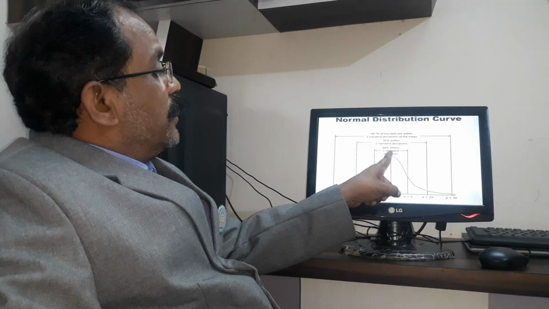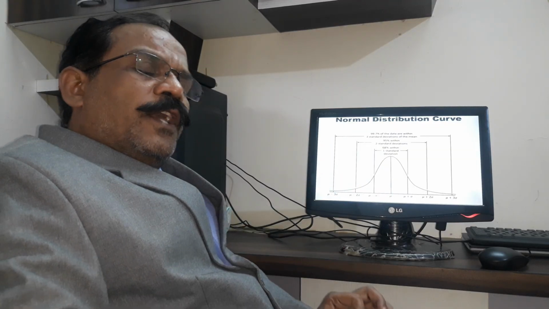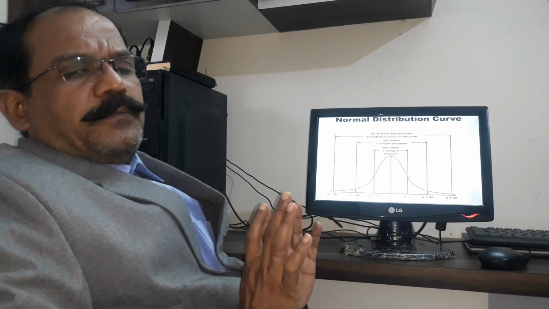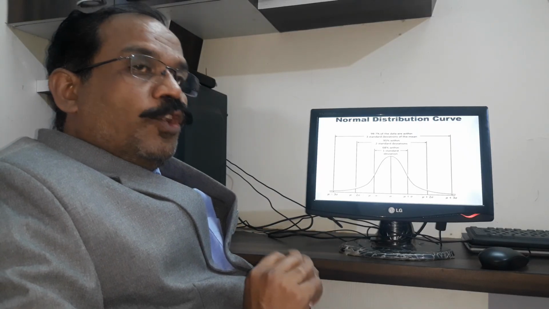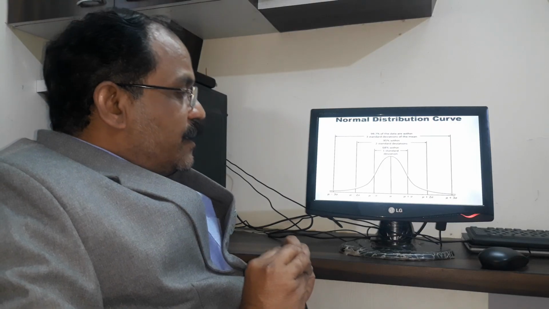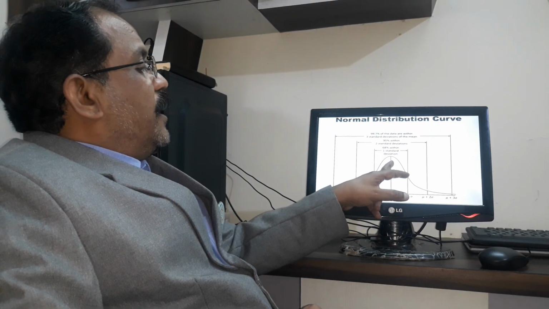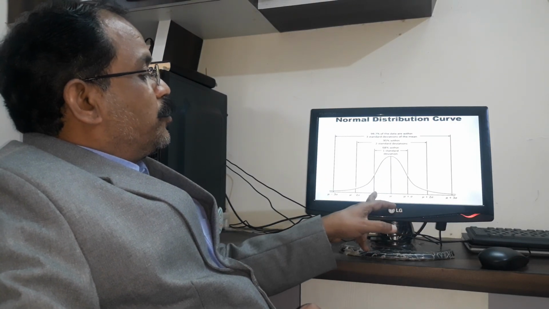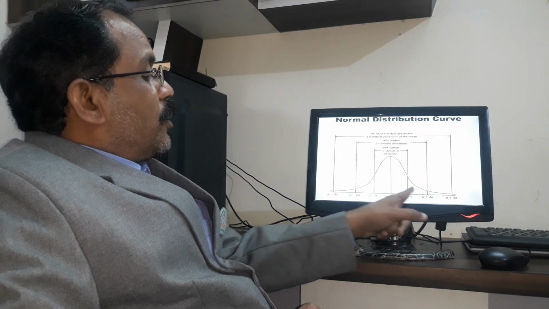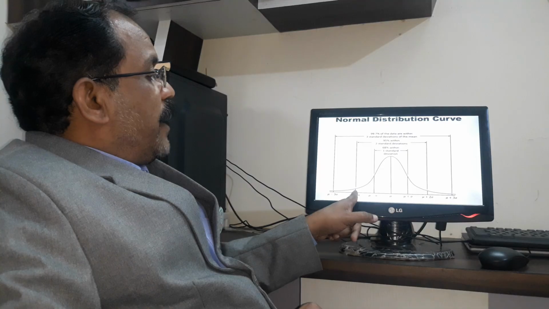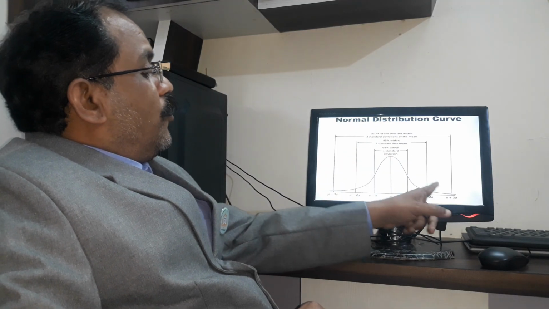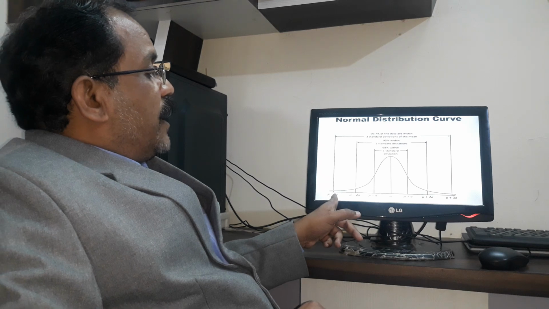In this first deviation you will find that 68% of the product will fall within these lines, because no manufacturer wants to reject the product. Then 95% of the product will fall within plus 2 and minus 2, and 99.7% will fall within plus 3 and minus 3.